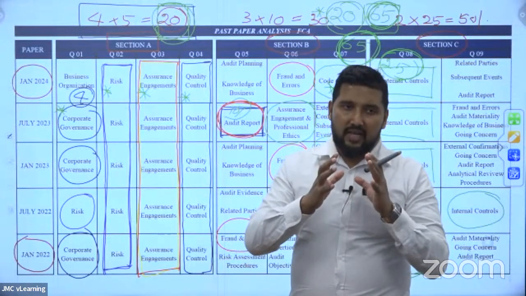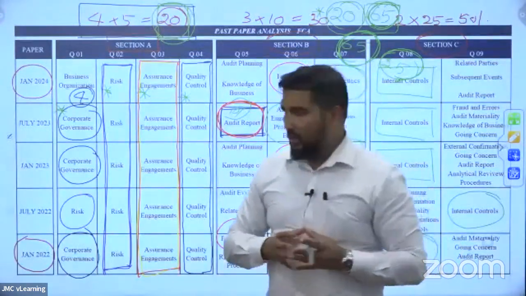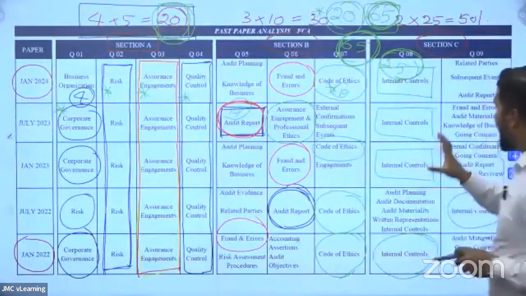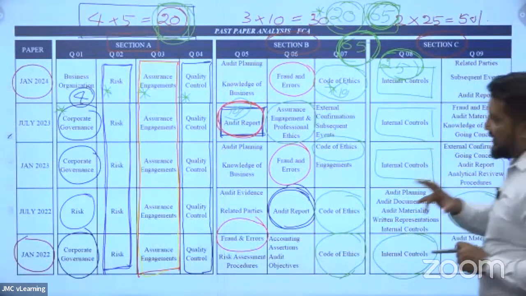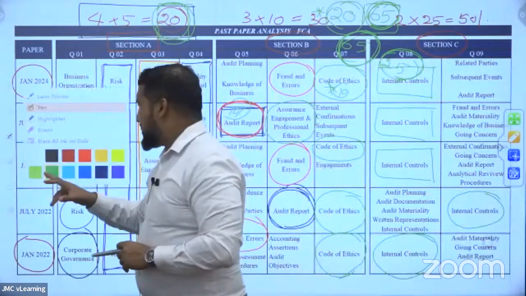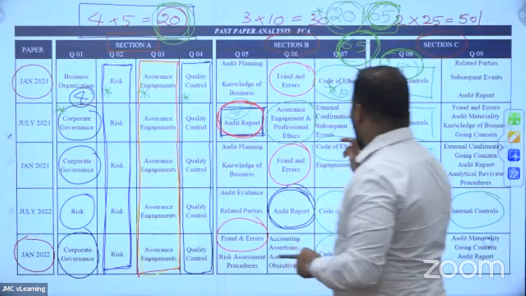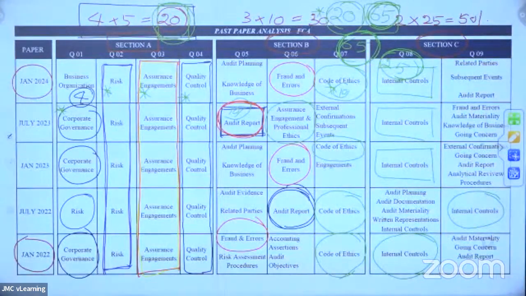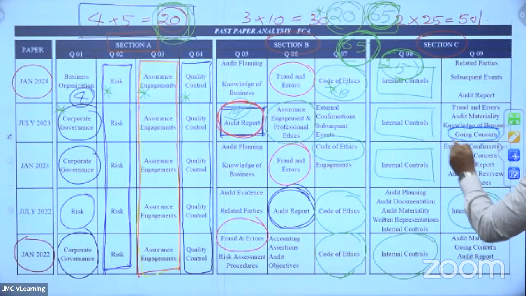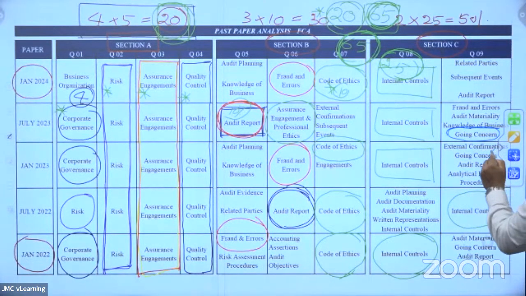So those are the areas where high attention needs to be devoted. Then apart from internal controls, there are a few other additional standards frequently tested at the exam. For section C, specifically going concern, higher probability is there.